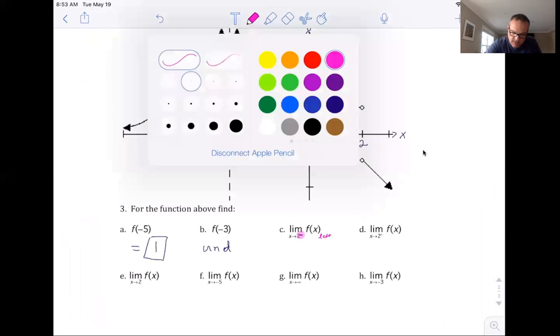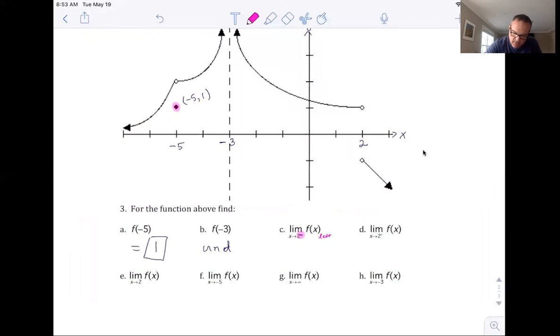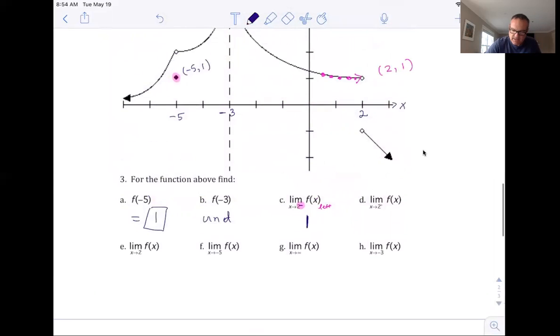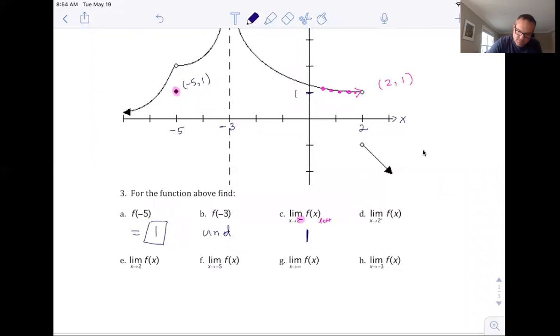I'm talking about these values right here. As I cruise in towards 2 from the left, what am I getting close to? I'm getting close to the y value of 1, right? Don't forget, we're looking at the y coordinates here. I'm getting close to 1. That's the limit right there. There it is, 1.